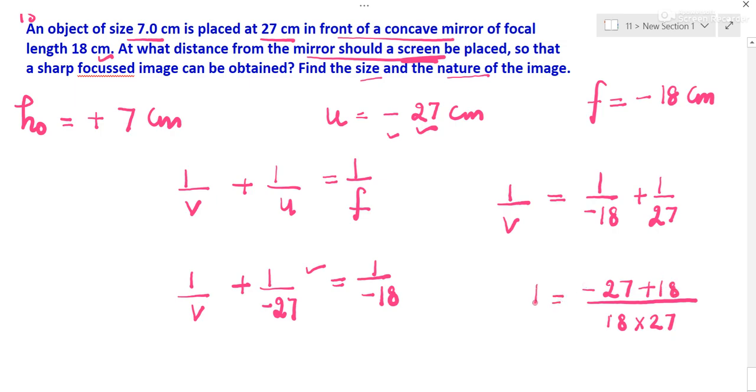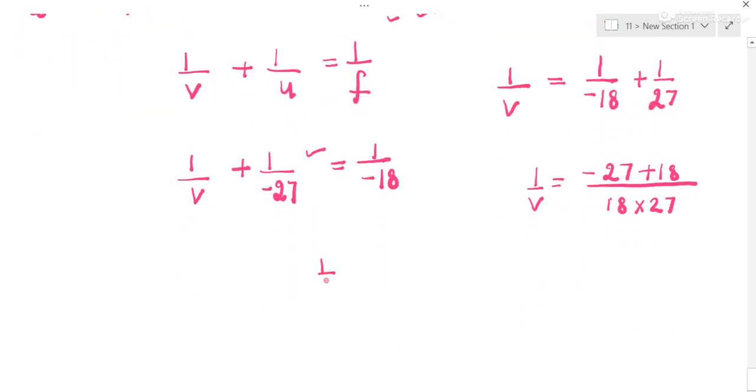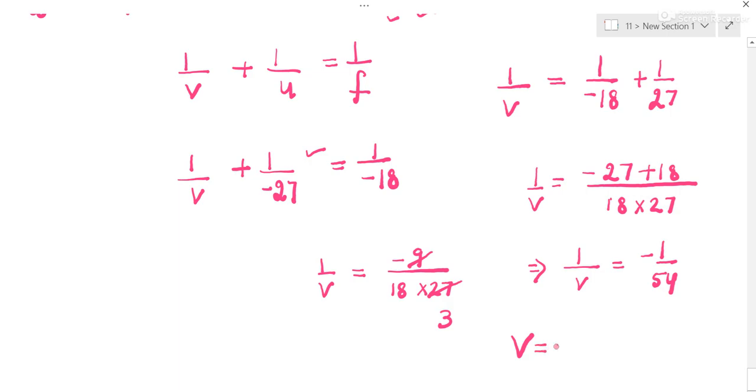This is 1 by V. So 1 by V is coming as minus 9 by 18 into 27. So 1 by V is coming as minus 1 upon 54. So V is minus 54 centimeter or meter, that you check. This position is in front.